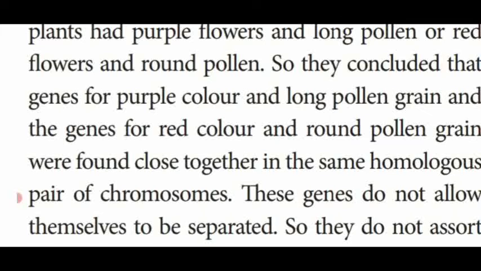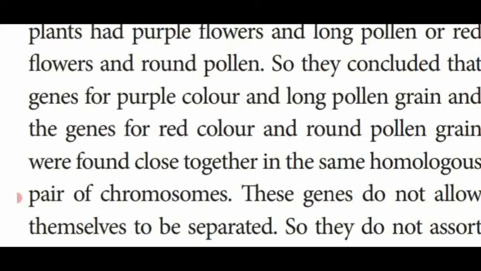The individual pea plant has two different pairs of alleles, one dominant and the other recessive. When you cross both together, the F1 shows only the dominant character.